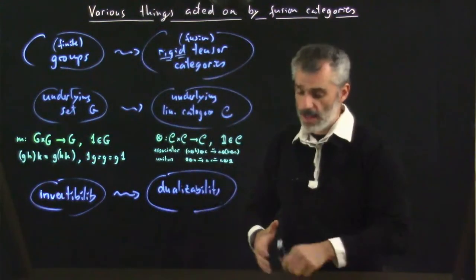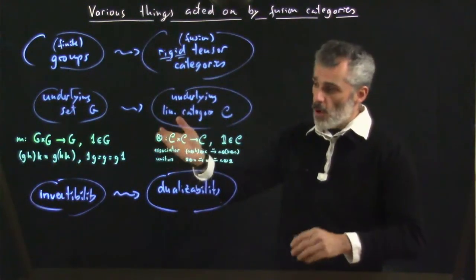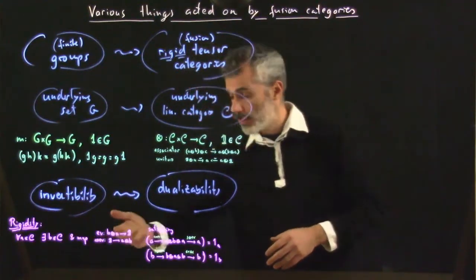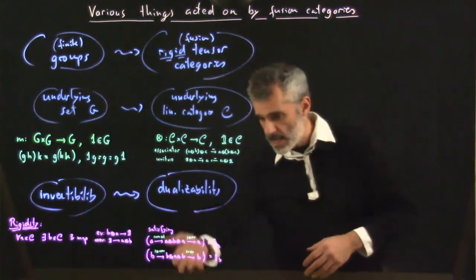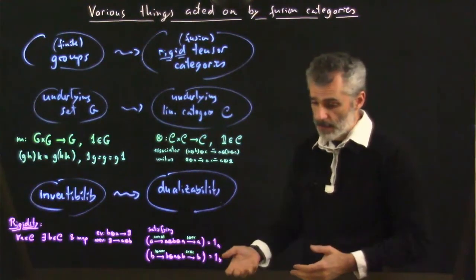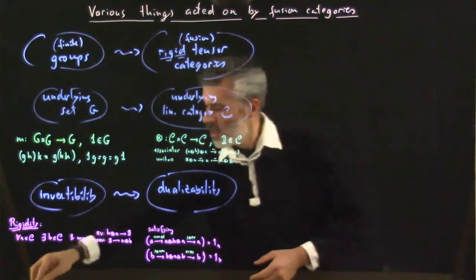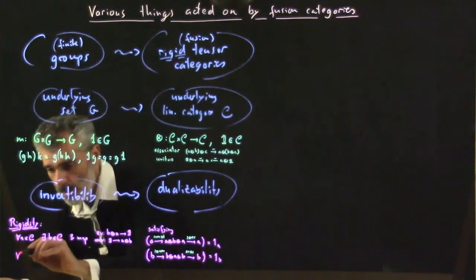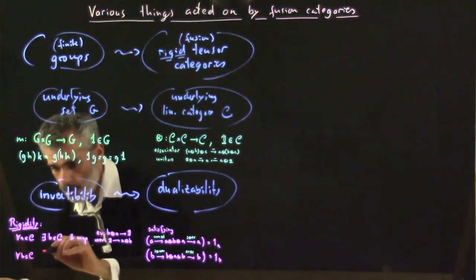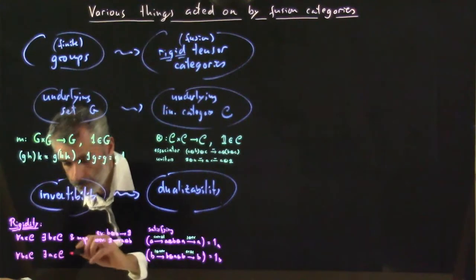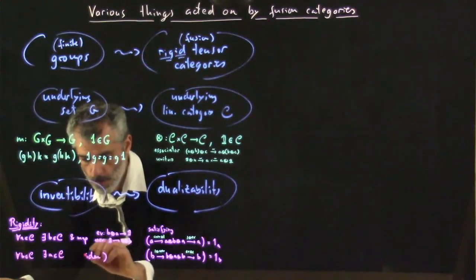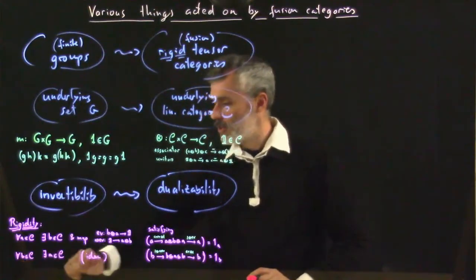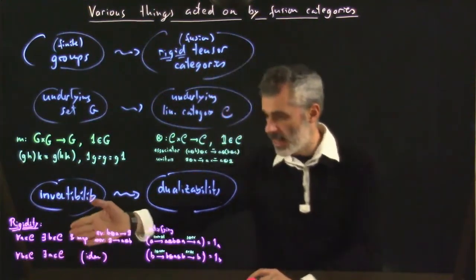Every object has a dual, which means the following: for every object of C, there is another object, a dual object, together with evaluation and co-evaluation maps satisfying these two conditions, known as the zigzag identities. And that's just dualizability on one side, and then we also want dualizability on the other side, which just means you reverse the quantifiers. You ask that for every B there's an A such that, and the very same stuff.